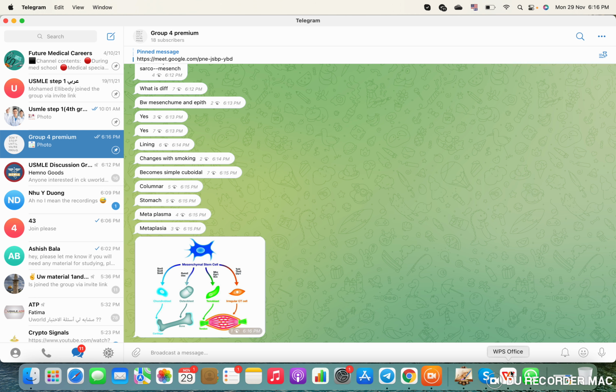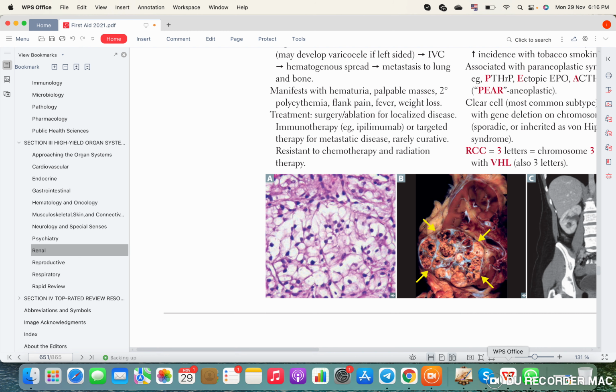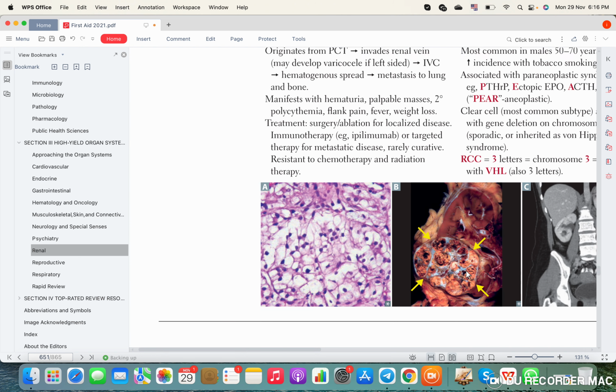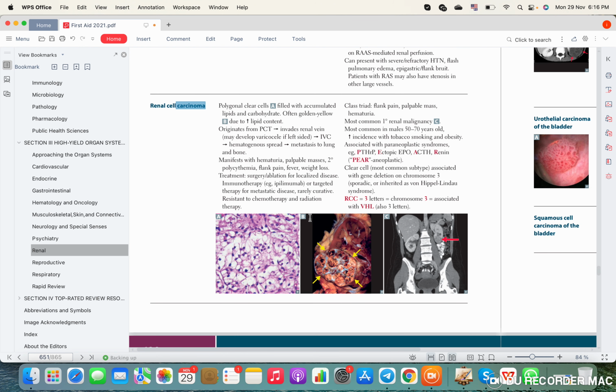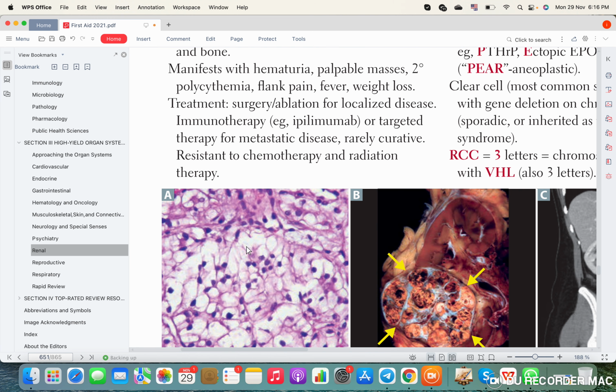Okay, let's go back there. Again, epithelium creates the lining of most of your tubes, while mesenchyme makes the structures themselves, like the bone, the blood, the muscles, and the cartilage. So, renal cell carcinoma, polygonal clear cells. You can see these cells are clear from the inside, and in a moment we will speak about why.